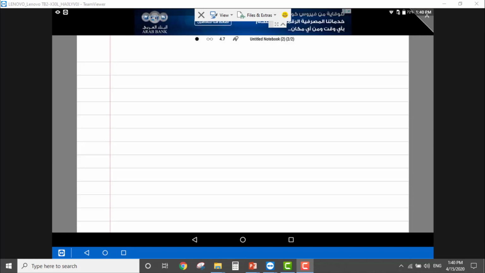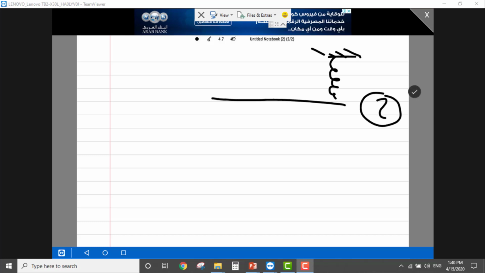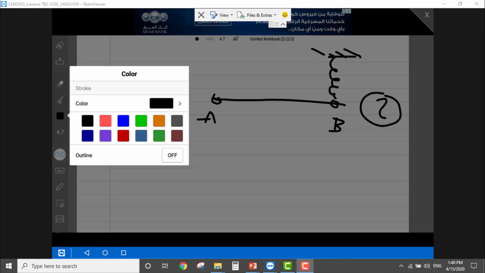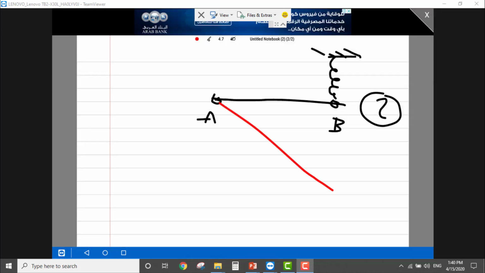Here is the spring, and here is the new location, state 2. This is point B and this is point A. Now, let me also draw the first location. This was the first location.